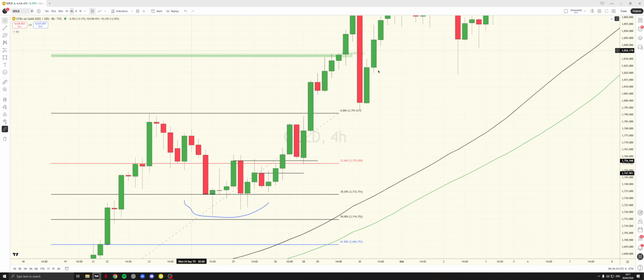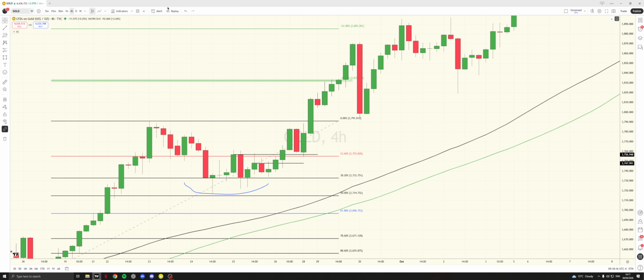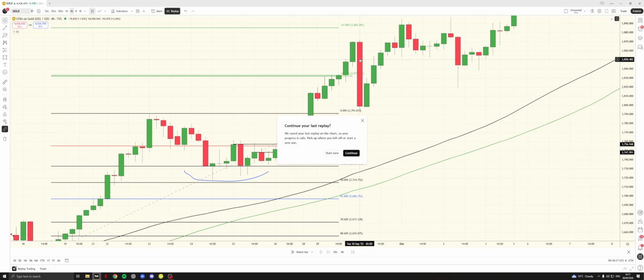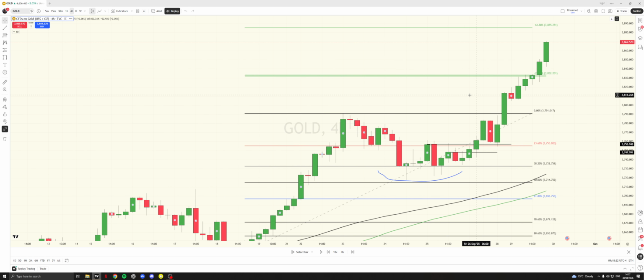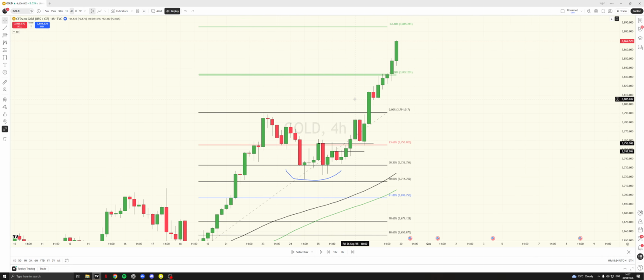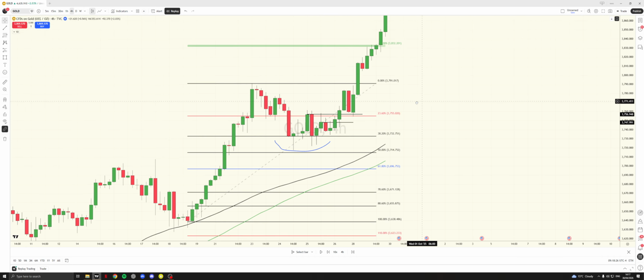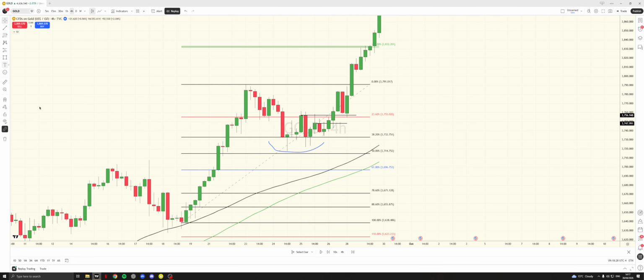So in this example particularly, I'll use the replay tool just to show you what I'm looking at here. So this is what I'm looking at right here. Got the fibs. Point A, point B. Point A and point B, higher low point.